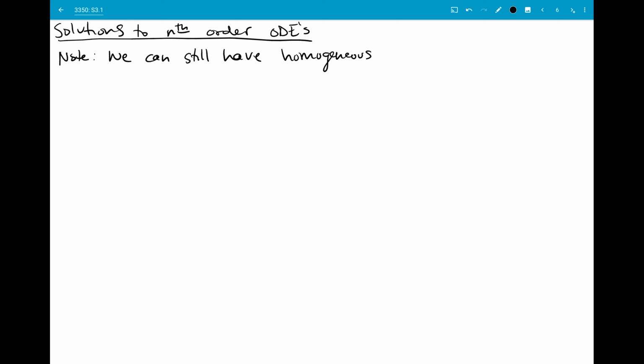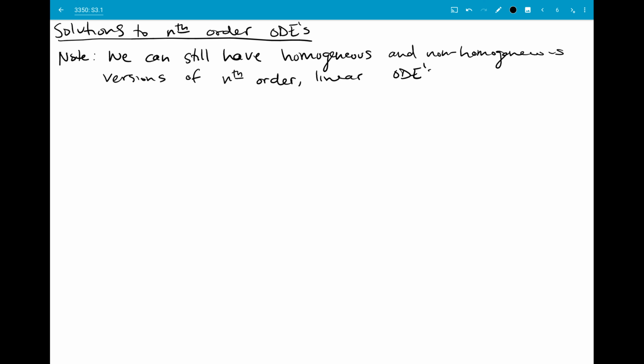So we can still have homogeneous and non-homogeneous versions of this type of differential equation we're talking about, nth order linear ODEs.